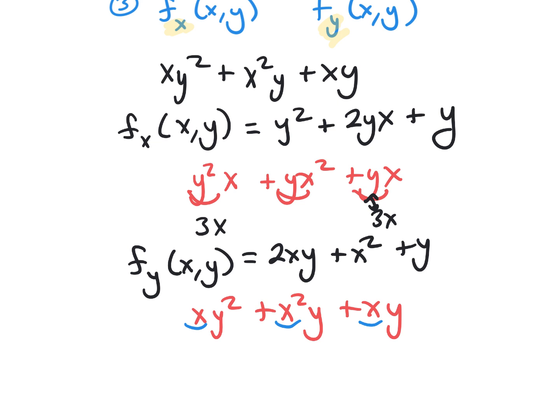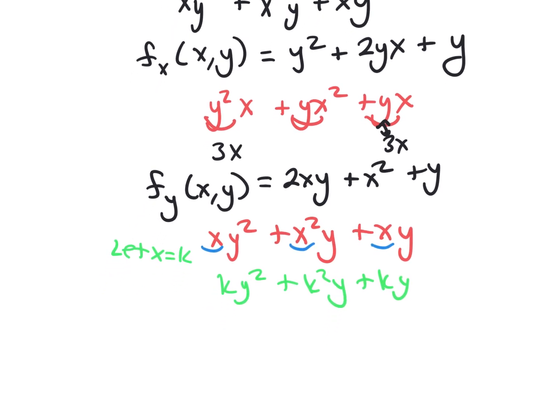And some people think it's helpful to write, so another way to think about this, if you let x equal k, then this would be ky squared plus k squared y plus ky. And again, thinking of k as a constant, so when I take the derivative, it would be 2ky plus k squared plus y, and then you plug back in what you define k to be. So 2xy plus x squared plus y.